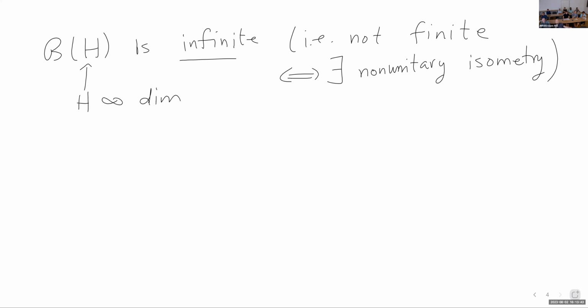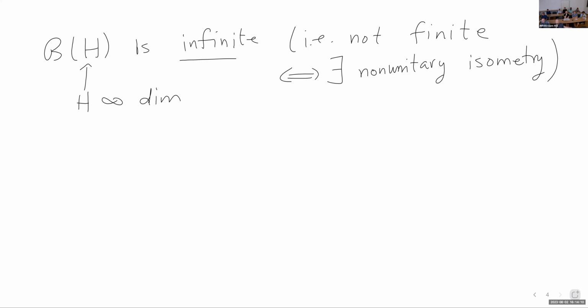Do you assume it's separable or not? I'm never going to talk about non-separable Hilbert spaces, but even if it's non-separable, this still holds. In fact, it's even more than infinite. It's what's called properly infinite, which means you have two isometries with orthogonal ranges.